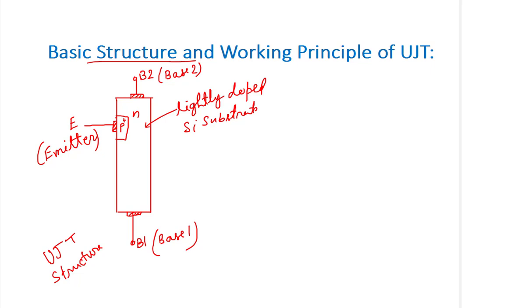The base 1 to emitter distance is small, and the base 2 to emitter distance is large. Actually the emitter is closer to base 1 region. In this N-type silicon substrate bar, there are two junctions, emitter to base 1 and emitter to base 2.